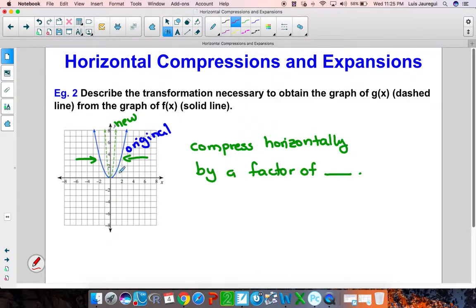In this case, again, let me take this particular point, which is 1 unit away on the original one. And if you notice, this point on the green one, it's about a third away, okay? Now, compression is already implying the reciprocal of that, because it's already kind of squishing things in. So we can just say the reciprocal of 1/3 is 3. That's our factor, okay, of 3.